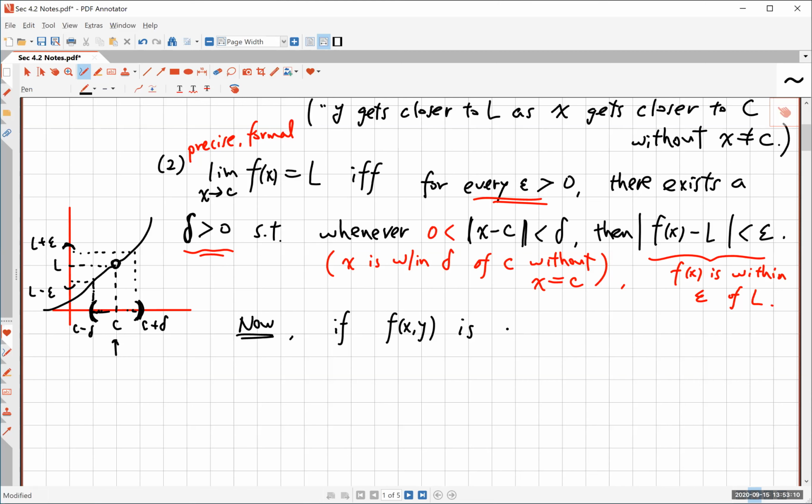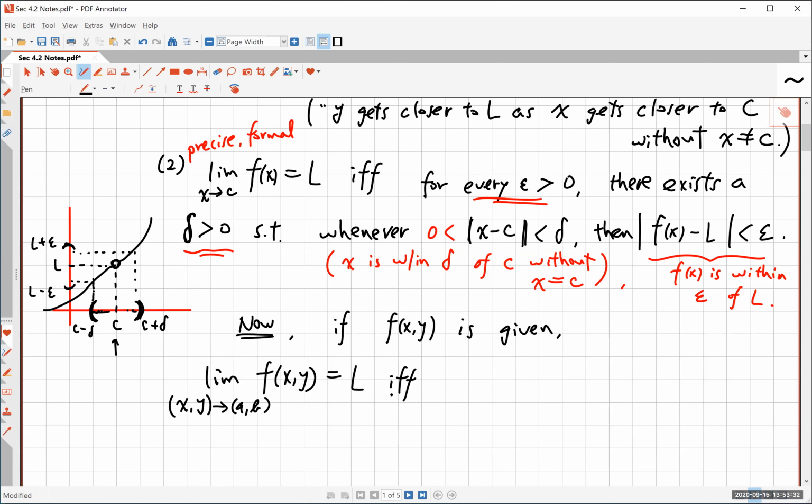If f of x, y is given, here's what we say. The limit of f of x, y as x, y approaches a, b is equal to L, if and only if.